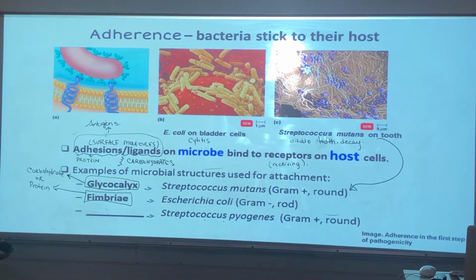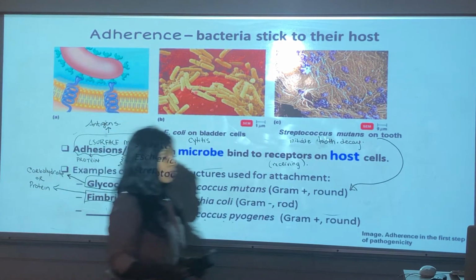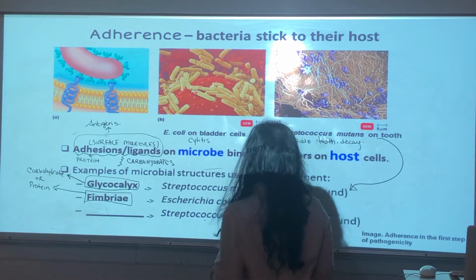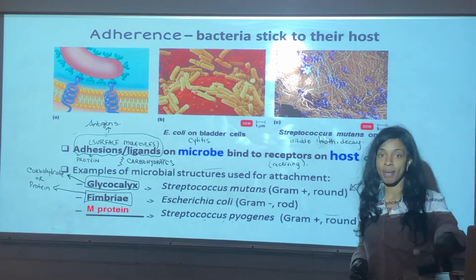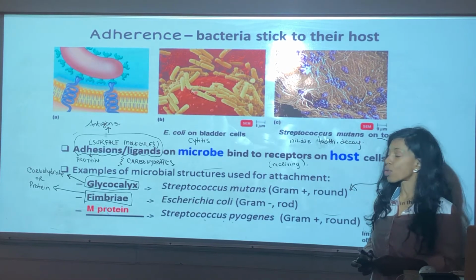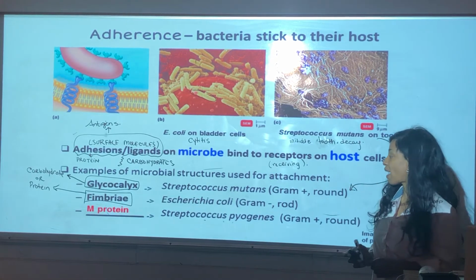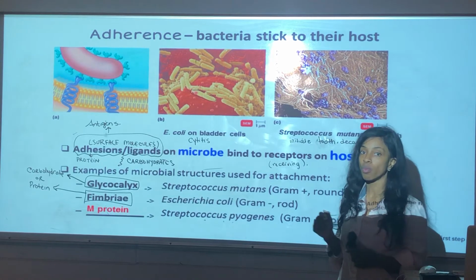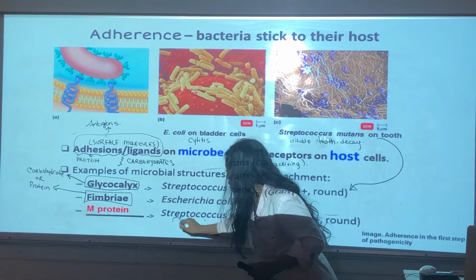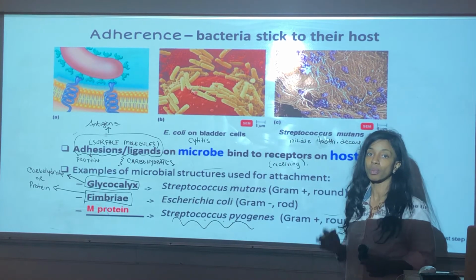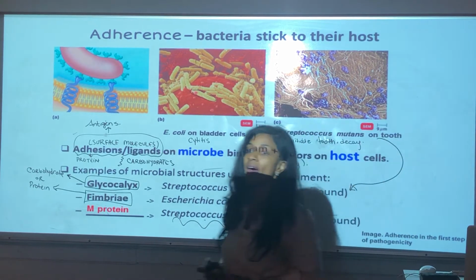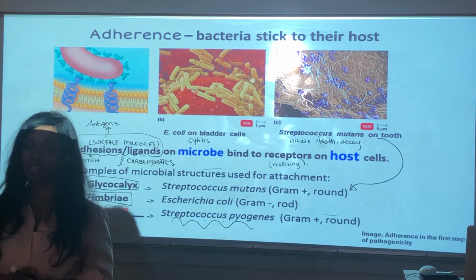Okay, and our last example of our bacterial invaders is the M protein. As I described in our class, M protein is found in the cell wall of only Streptococcus pyogenes. That's the only organism we'll discuss in our class that has an M protein in the cell wall.